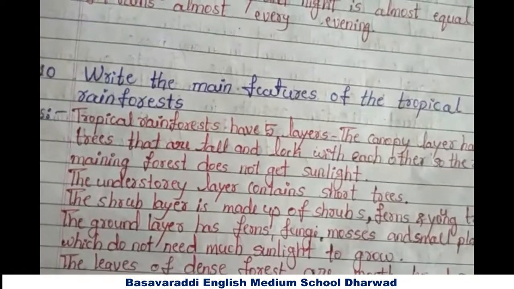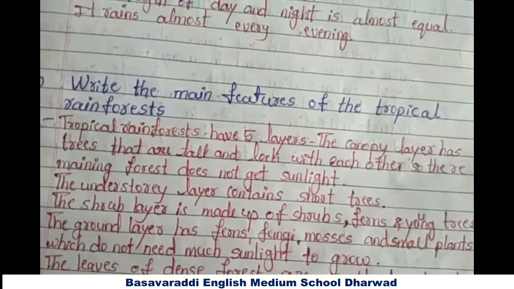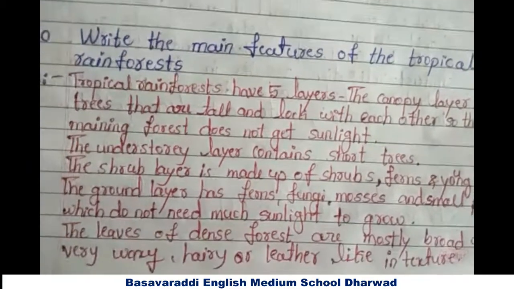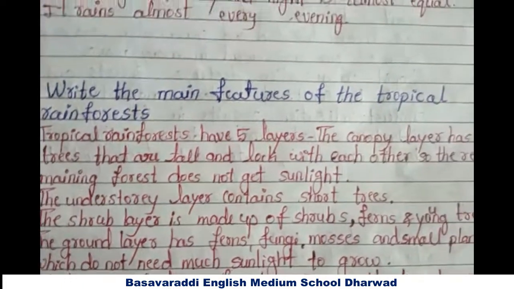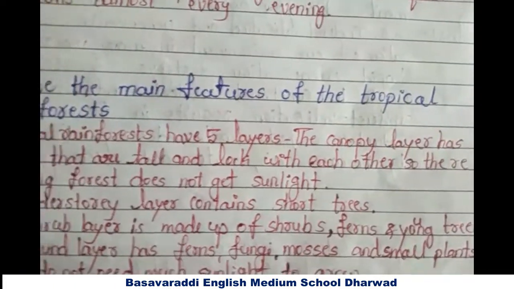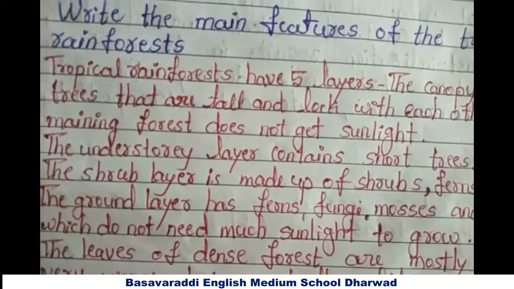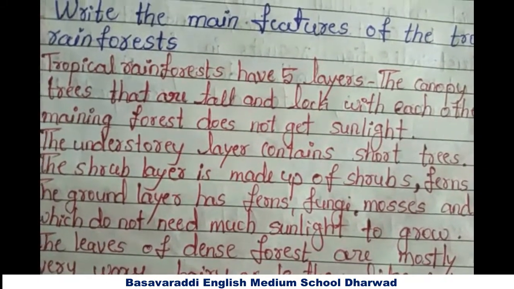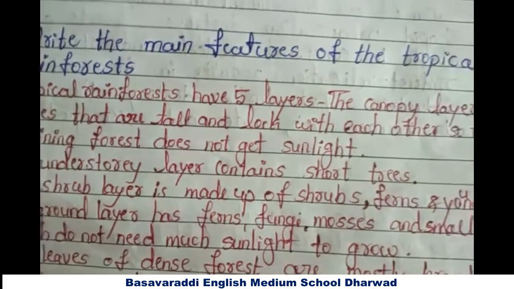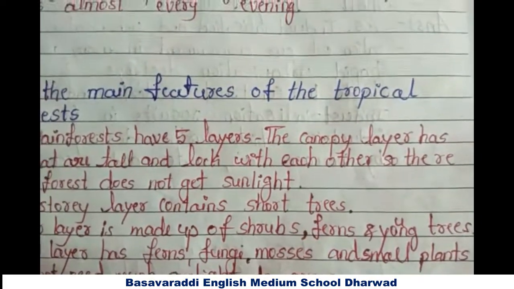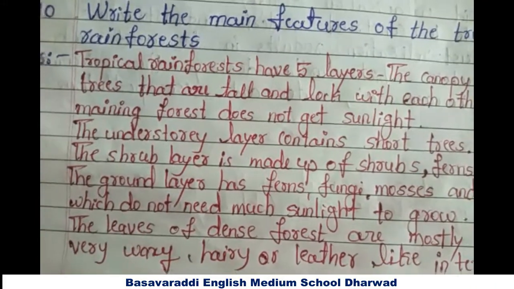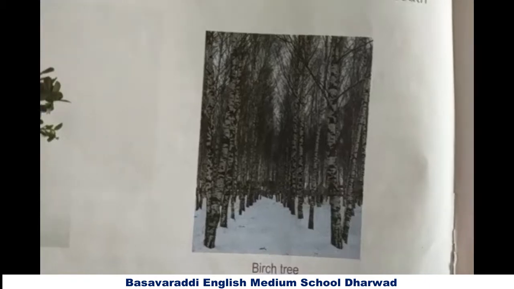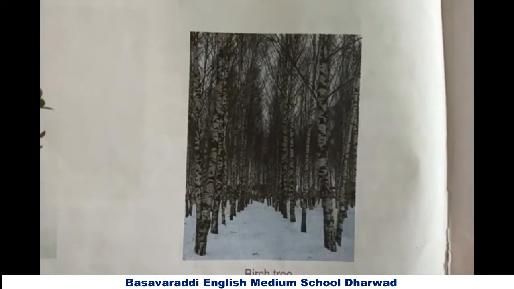10th question. Write the main features of the tropical rainforests. Tropical rainforests have 5 layers. The canopy layer has tall trees that lock with each other, so the remaining forest does not get sunlight.